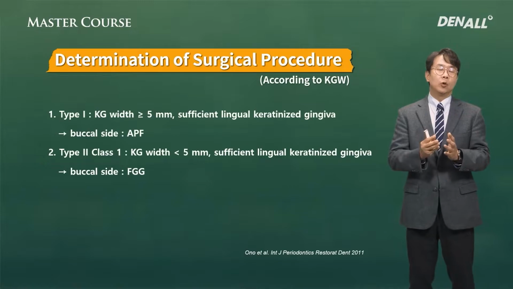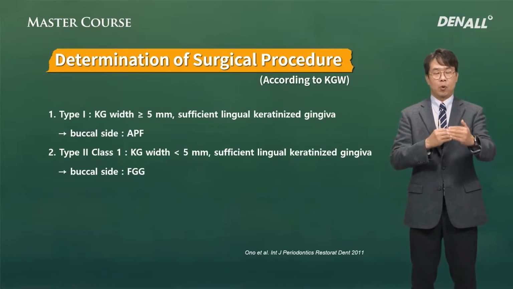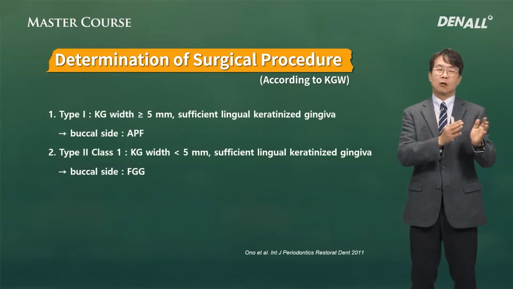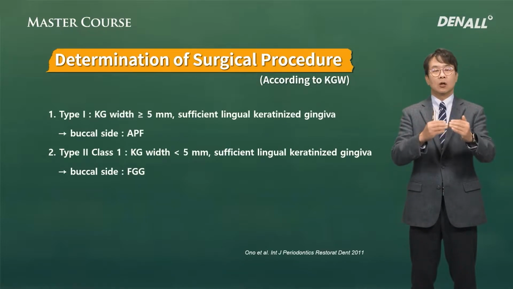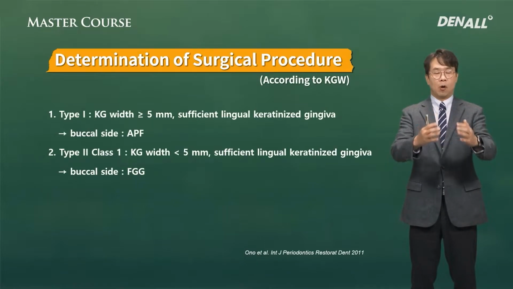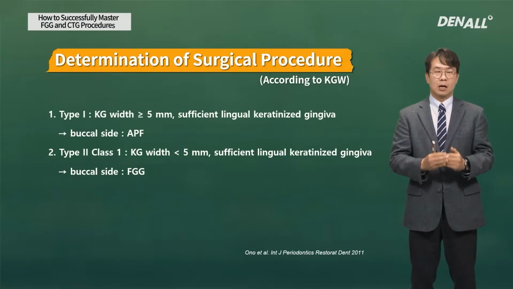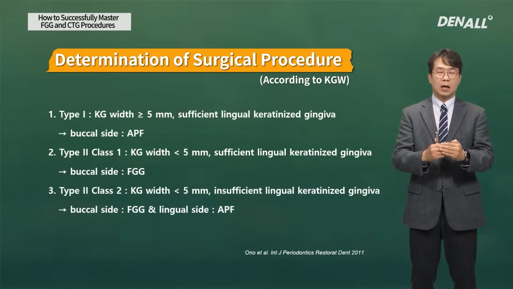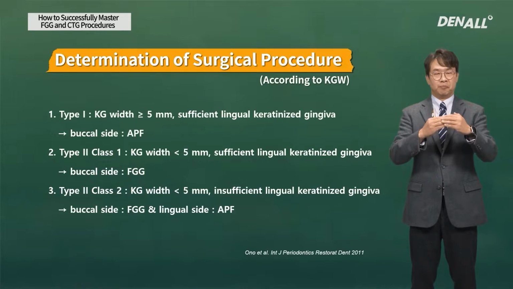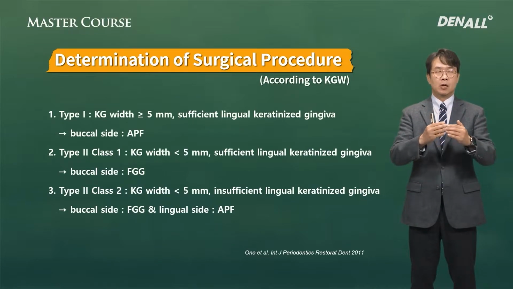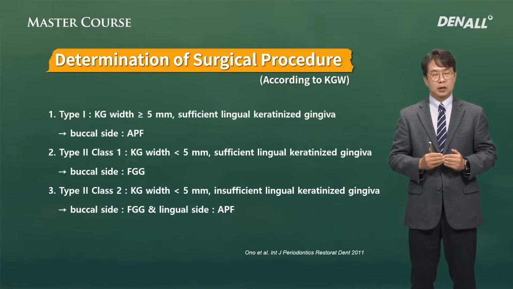If the keratinized gingiva width is less than 5 millimeters and the lingual keratinized gingiva is sufficient, free gingiva graft is done on the buccal side. If the lingual keratinized gingiva is insufficient, apically positioned flap on the lingual side and free gingiva graft on the buccal side are performed, as you know.